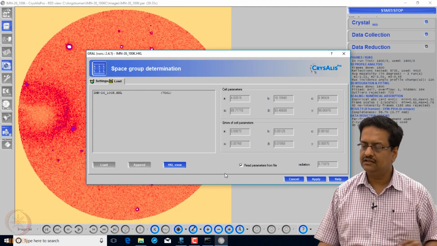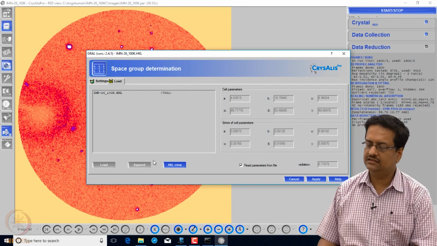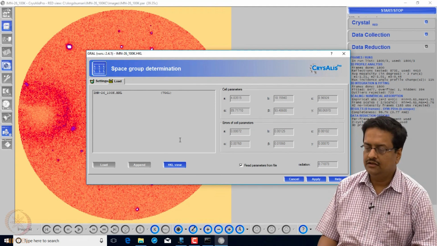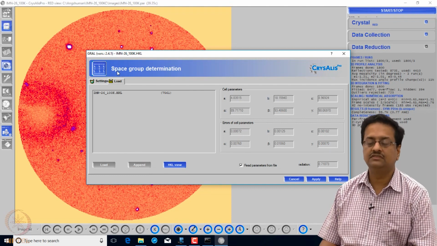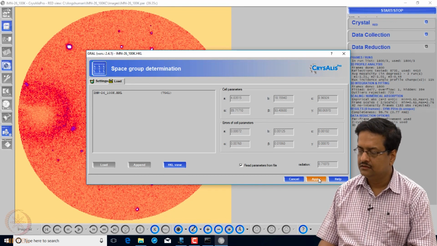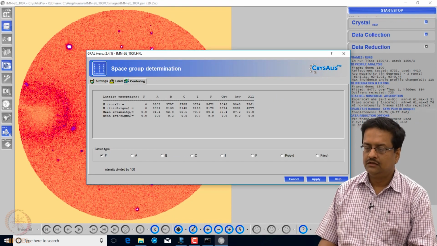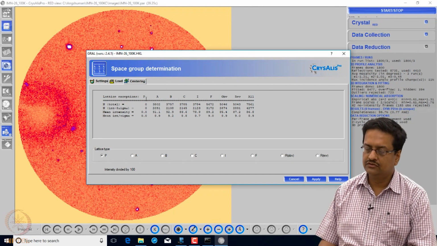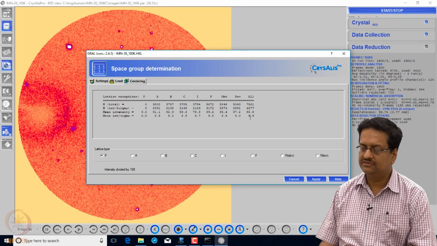So now you can see that it has completed the data reduction part, and it is now asking us to select the space group. So it has brought you to the space group determination page. This particular window shows the systematic absence conditions.